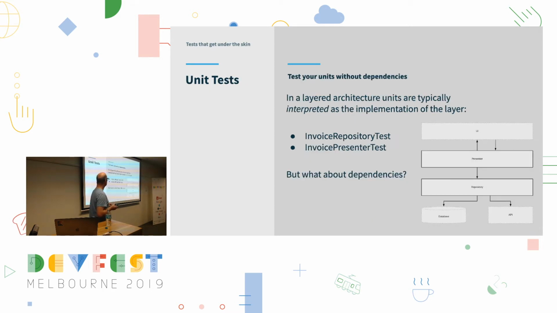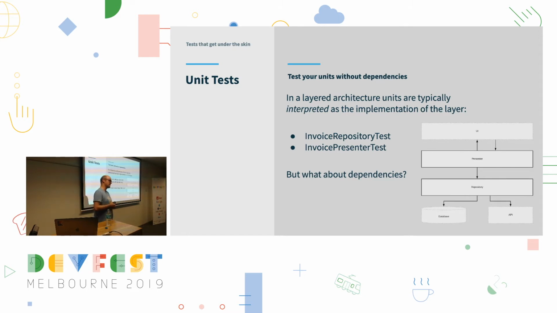And so let's look a little bit more in depth at what that meant. For us, because we had a layered architecture, our unit corresponded to the implementation of a layer. So we ended up having tests like an invoice repository test. We had an invoice presenter test because we had a model view presenter pattern. But what about the dependencies, right?